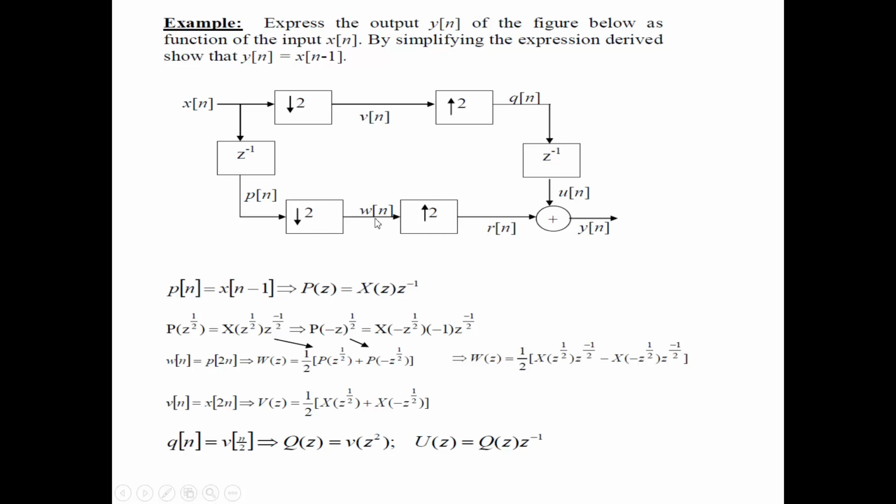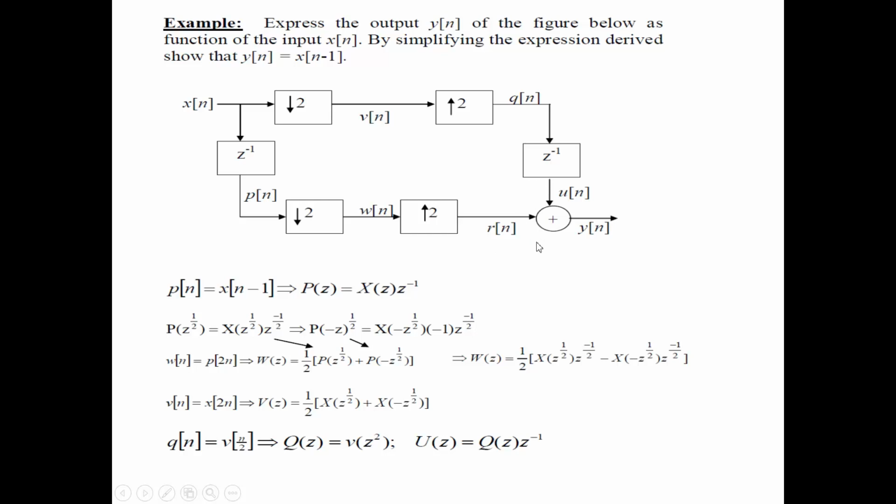Then W, and what is w[n]? w[n] is after downsampling p[n] by a factor of 2, that means w[n] is equal to p[2n], and once we take the z transform, W(z) will be equal to this formula. This we have already derived, and we now have the value of P(z to the power half) and P(minus z to the power half), and we express W(z) in terms of X(z), and we get this formula.